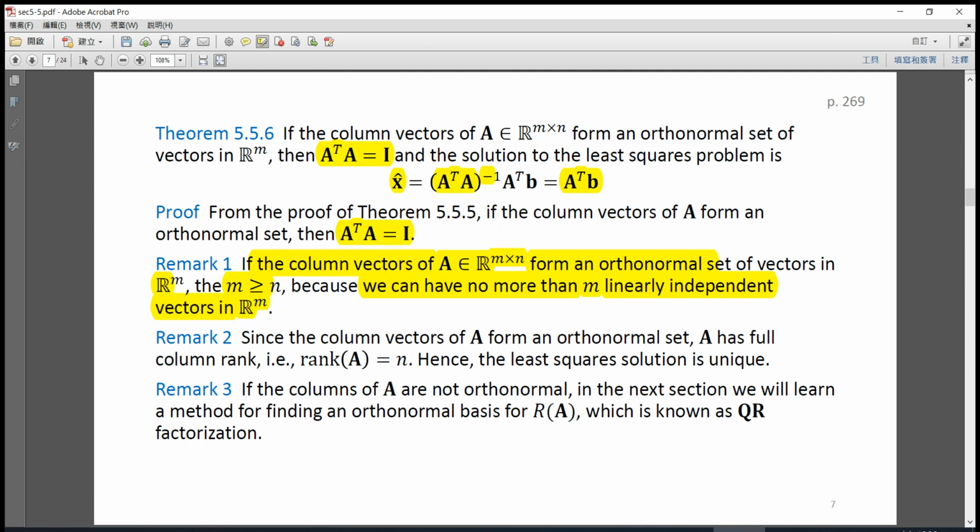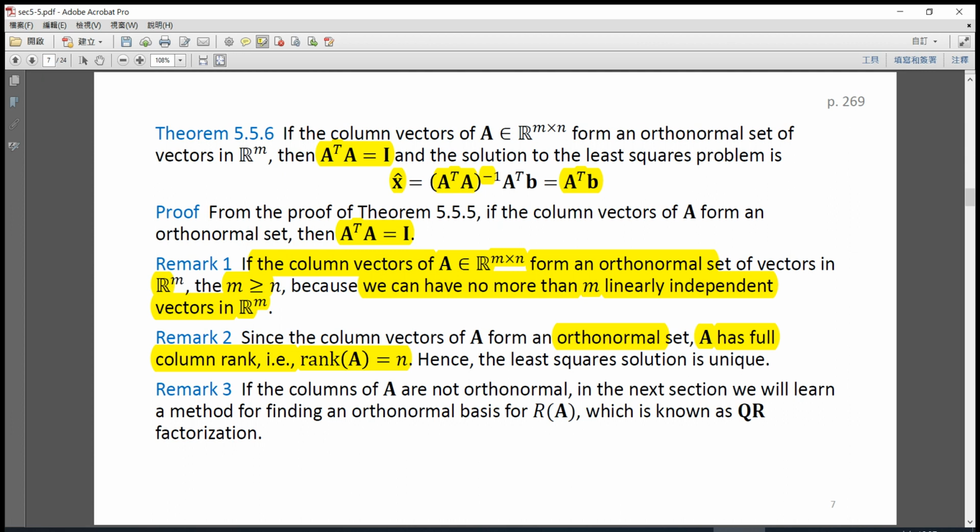Remark 2. Because the column vectors of A form an orthonormal set, the column vectors of A are linearly independent, and therefore A has full column rank. That is, rank A equals n.